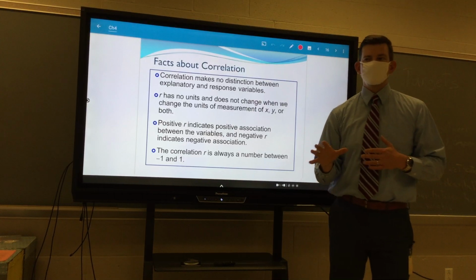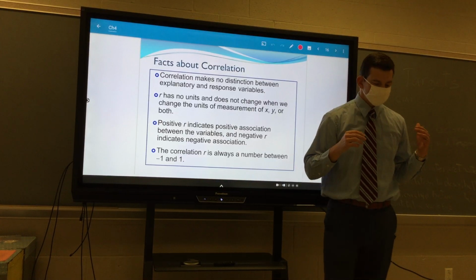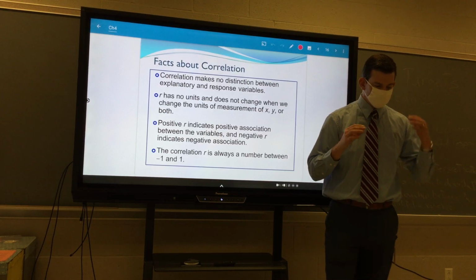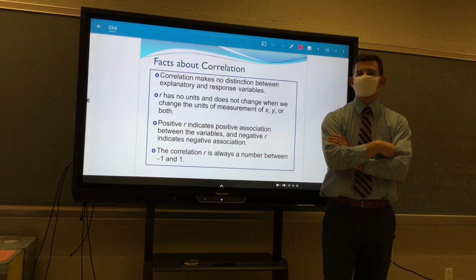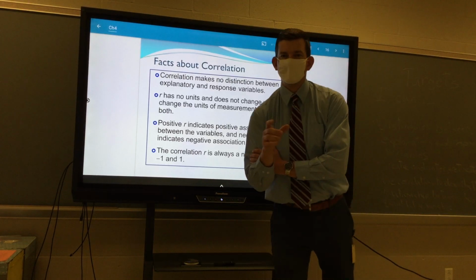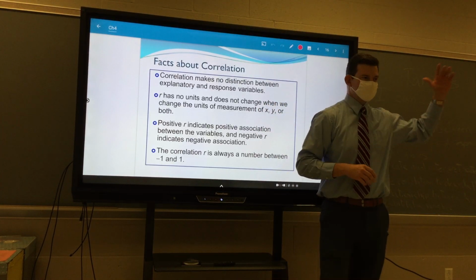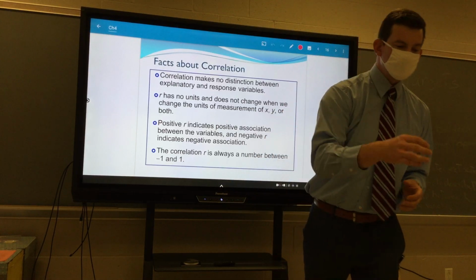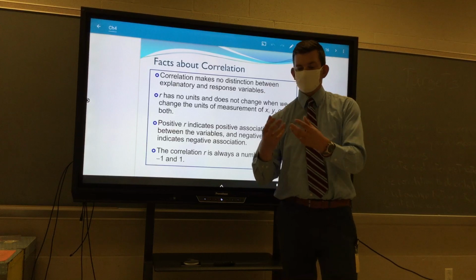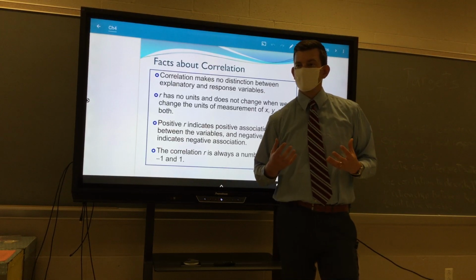And we see that a lot with statistics, and sometimes that takes a little bit of thinking about. People aren't used to that. You're used to coming from like physical sciences or physics or chemistry, where every number has a unit that goes with it because it's something that is measured.